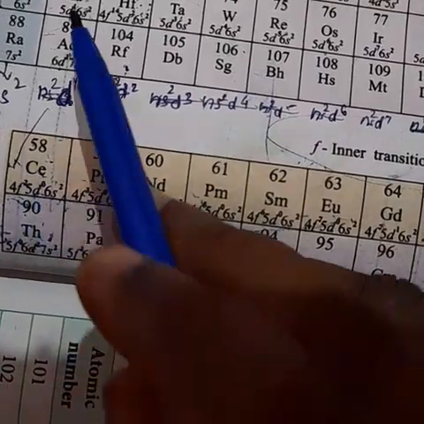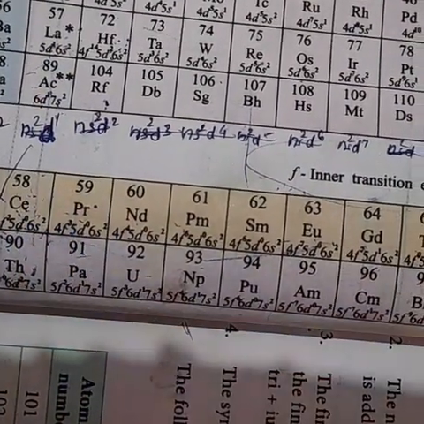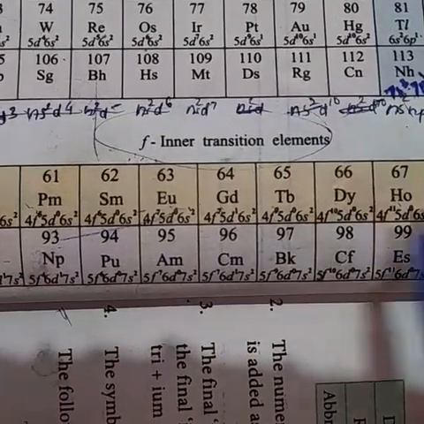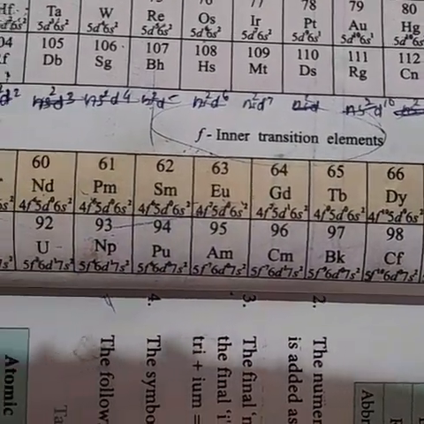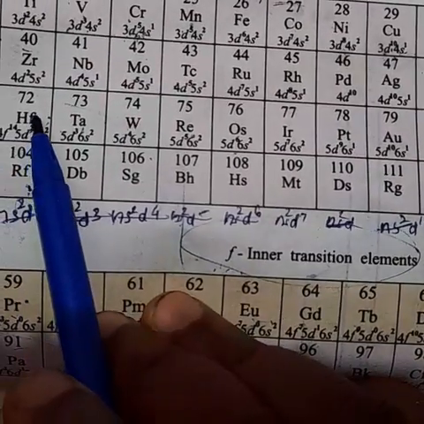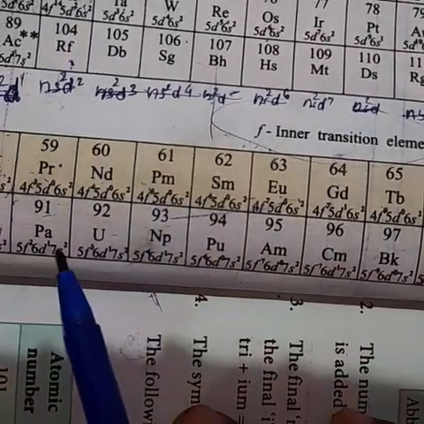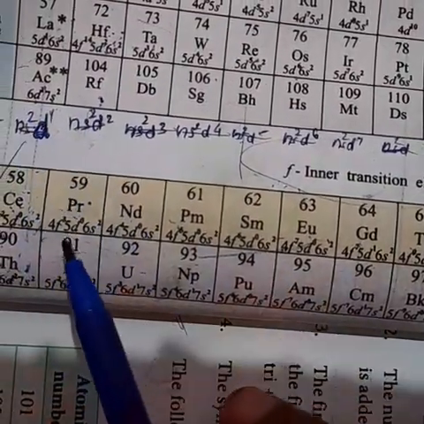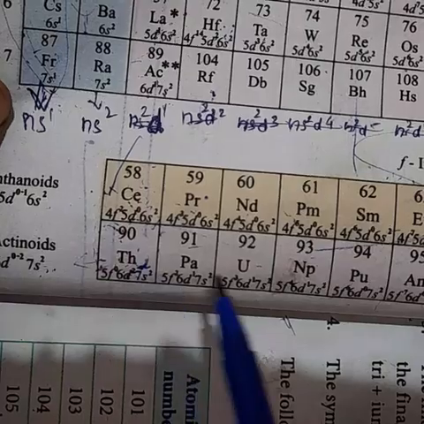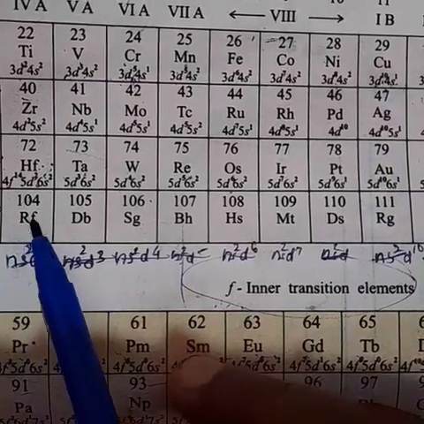Lanthanum 57, and after that cerium 58 to 71, cerium to lutetium. After 71, 72 is hafnium. Actinium is atomic number 89, after that thorium 90 to lawrencium 103. They take place in between actinium and rutherfordium, so we call these elements the actinoids.